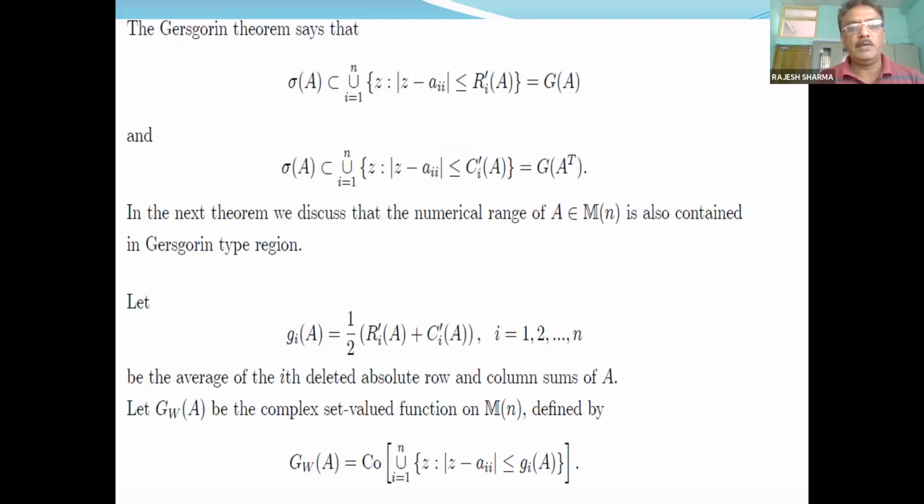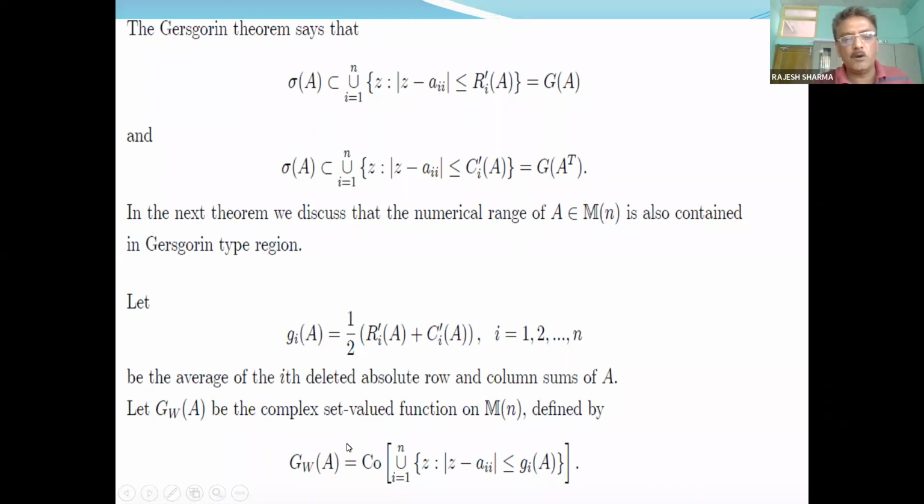In the next theorem, we discuss that the numerical range of A is also contained in some Gershgorin type region. For this, we define this G_i(A) as the half average of the absolute deleted row sum plus the absolute deleted column sum, and consider this set GW(A).